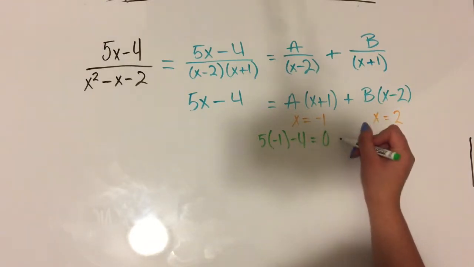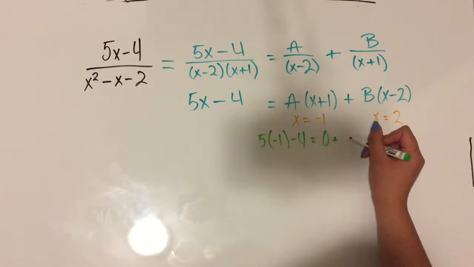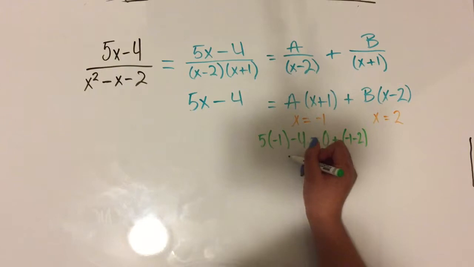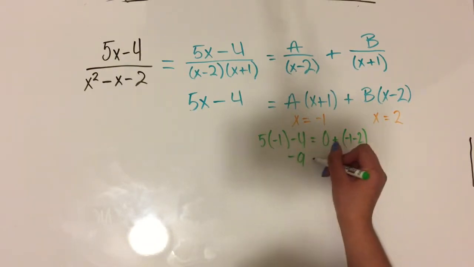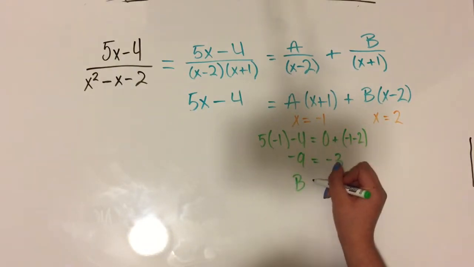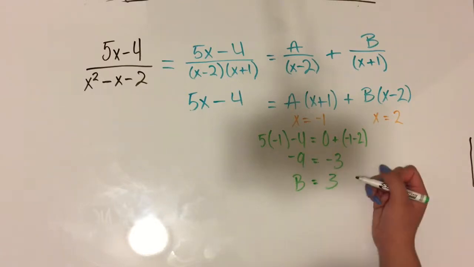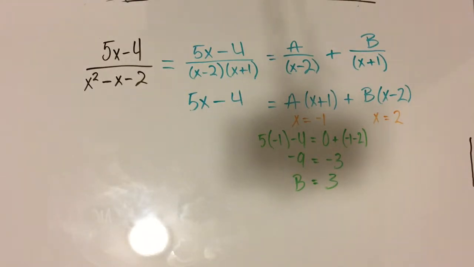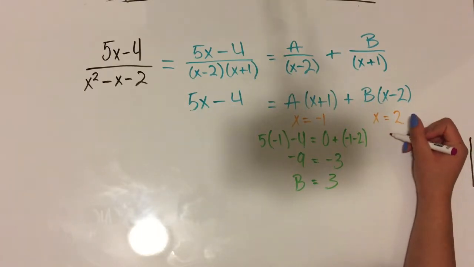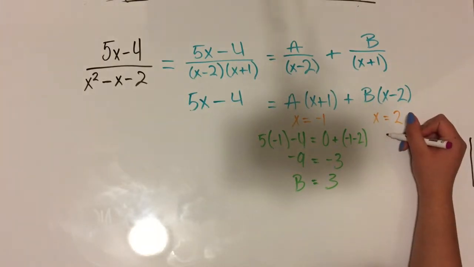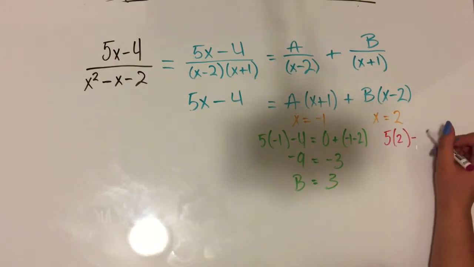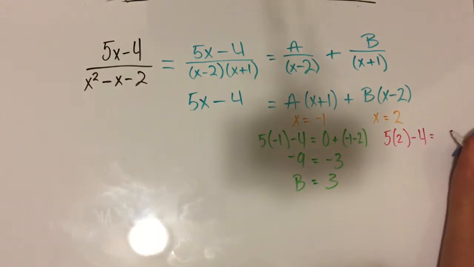So I just substituted in -1 into 5x minus 4, and as you can see, if you put in -1 into x plus 1, it'll be 0. And then I came out with -9 equals -3, and you divide that, which therefore B equals 3. I did the same with the other side.